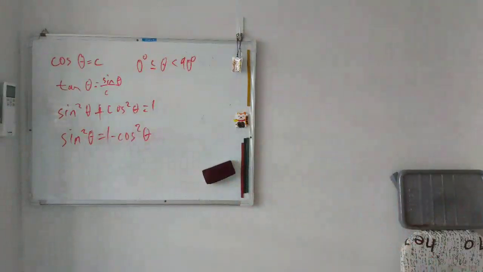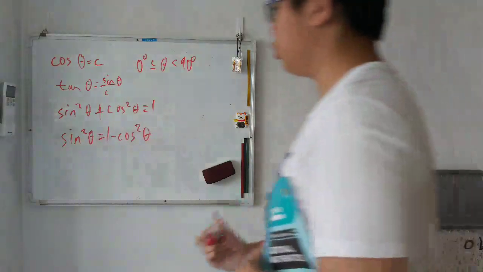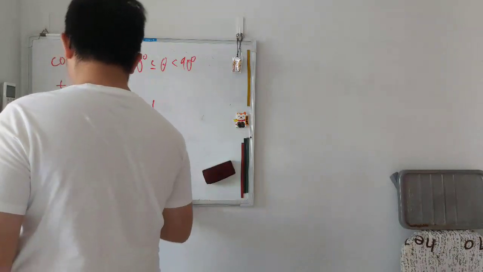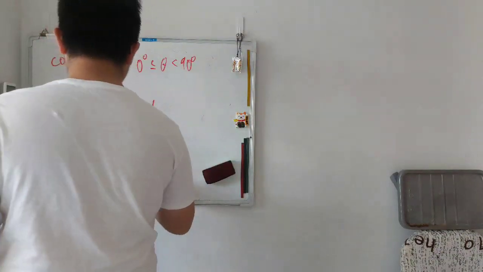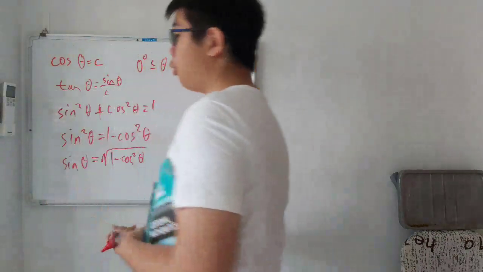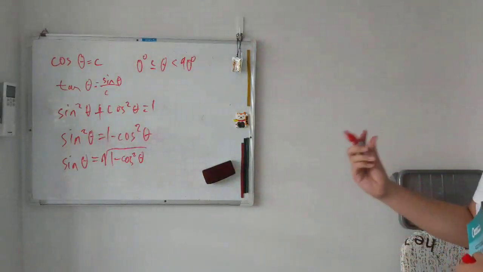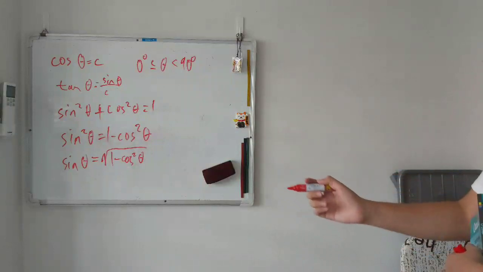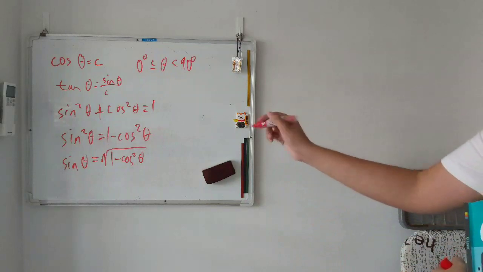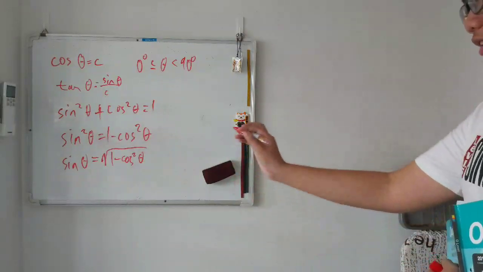Well, what can we do now? We will take the square root on both sides, right? So sine theta is equal to the square root of 1 minus cosine squared theta. And we will only consider the principal value of the angle because we are looking at the acute angle, i.e. we will only take the positive. We will not consider the negative version of this.